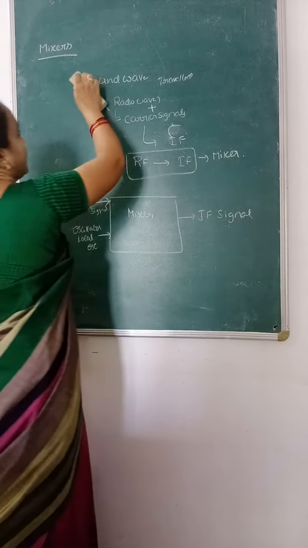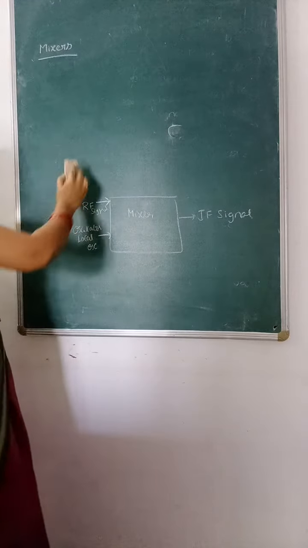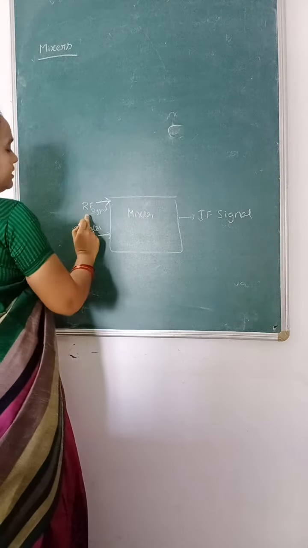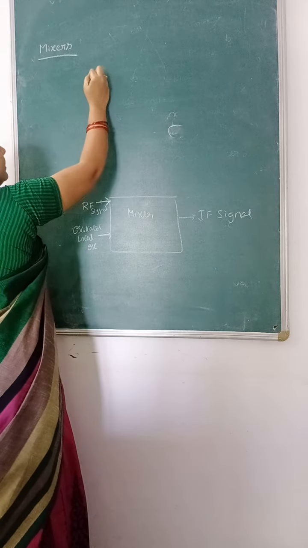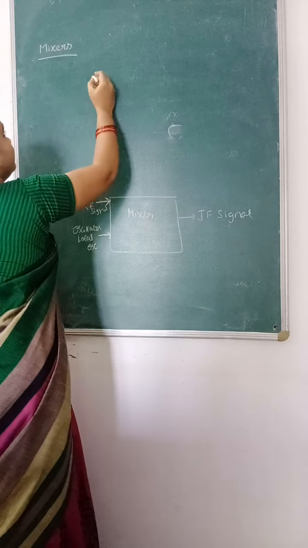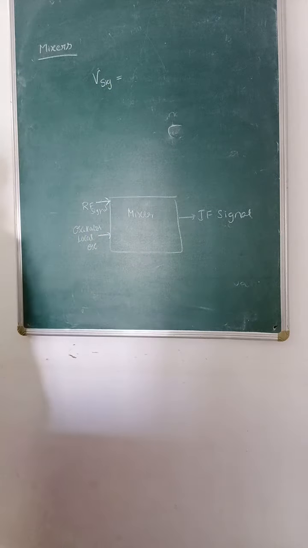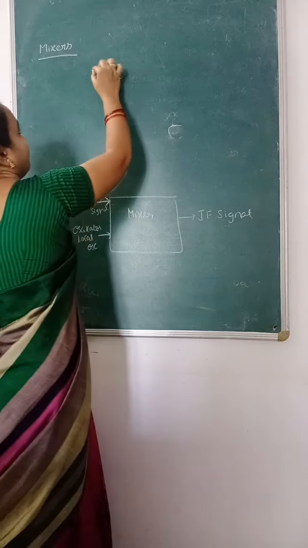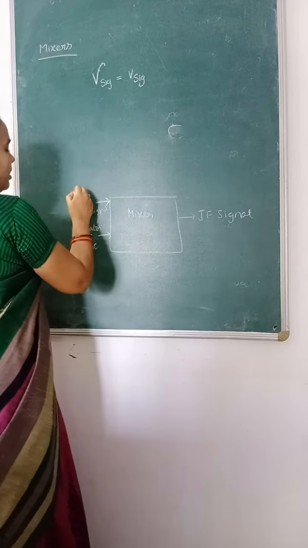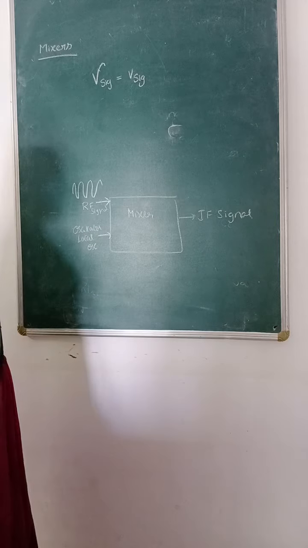How do these mixer circuits convert the radio wave frequency signal into an intermediate frequency signal? Let us suppose the RF signal is V signal, the input signal. We can represent any wave in sinusoidal form.